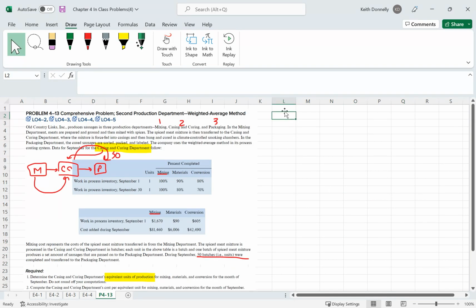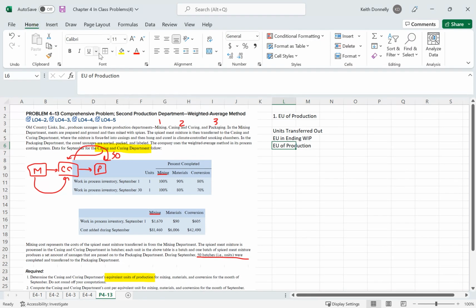Let's just start this up here. So 1, they want equivalent units of production. And we said, we've looked at a problem with this, that's going to be the units transferred out of the department plus the equivalent unit in ending WIP is going to be your equivalent units of production.